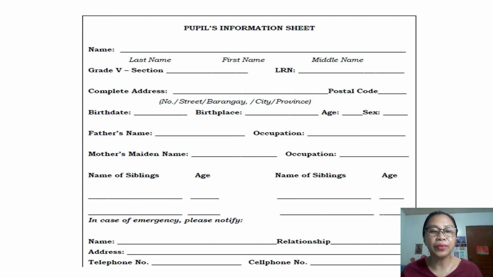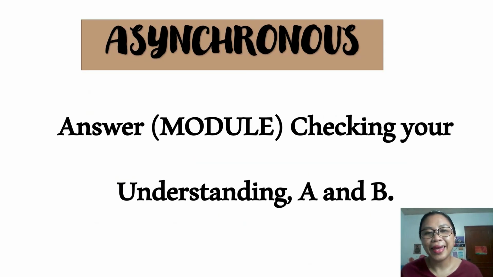And for the next activity, your asynchronous activity, you have to answer from your module, Checking Your Understanding. Remember, Checking Your Understanding, A and B. We don't have page numbers on this module, so you have to find Checking Your Understanding, A and B, and you have to be prepared for Part 2 of this lesson.